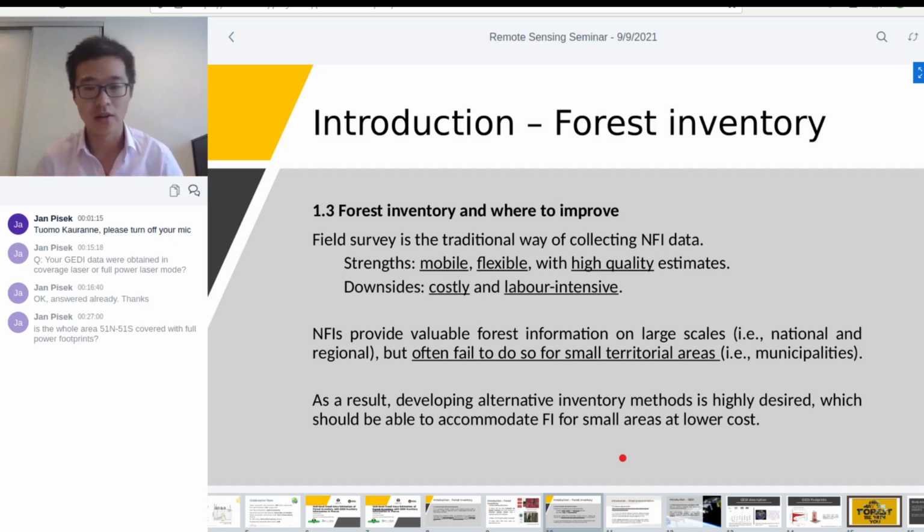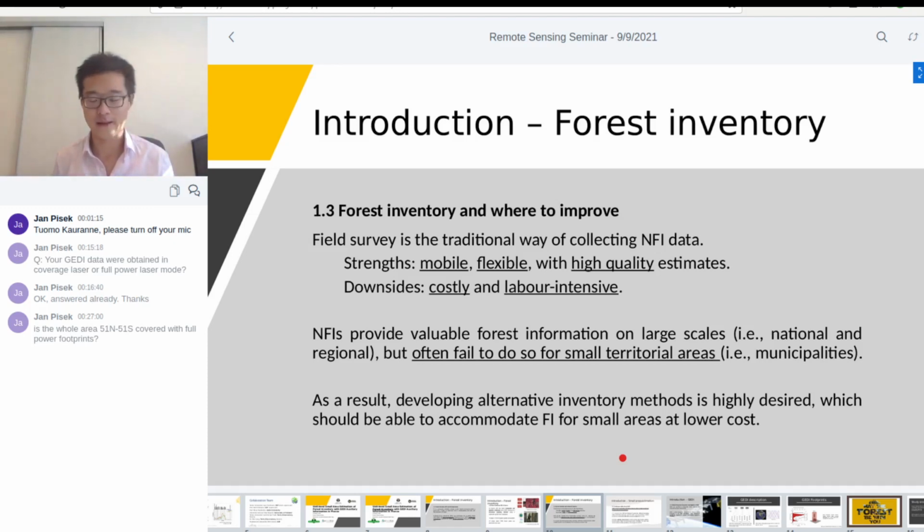So national forest inventories, although they provide very valuable information on a large scale, such as the national and regional level, often fail to do so for some small forest areas, such as municipalities.